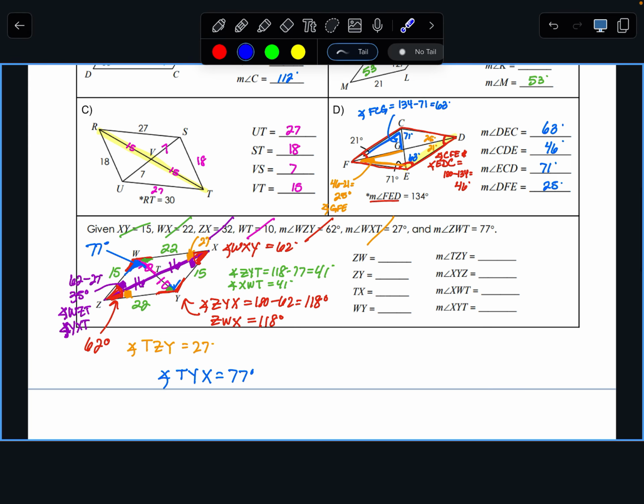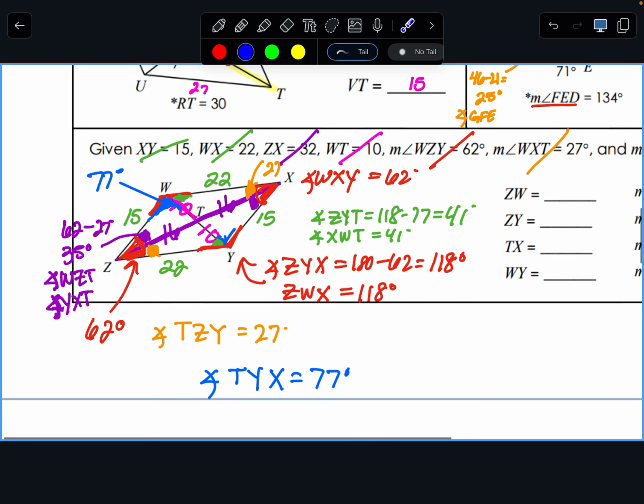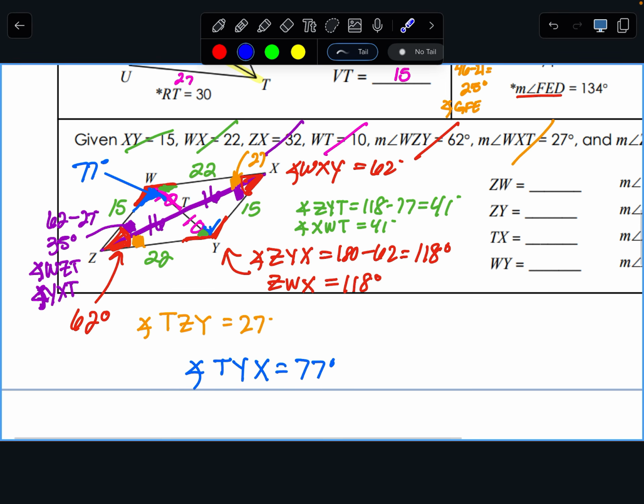So now, you have all the numbers that we need. Looking at just this side, where is ZW? How much is that? Oh, sorry, 15, right there. And ZY, 22.